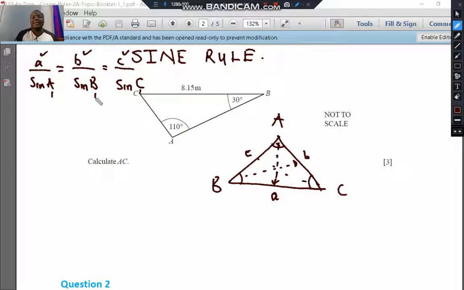In most cases, we are not even going to be required to use the third part, but you just need to know that it's part of the formula. Usually we just need to use two sides and their relationship.